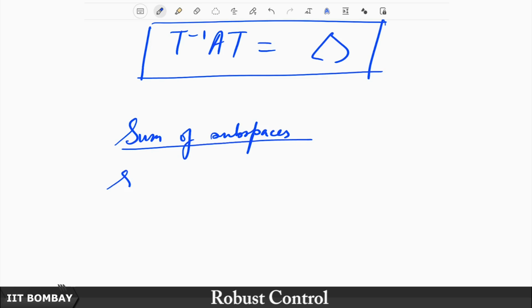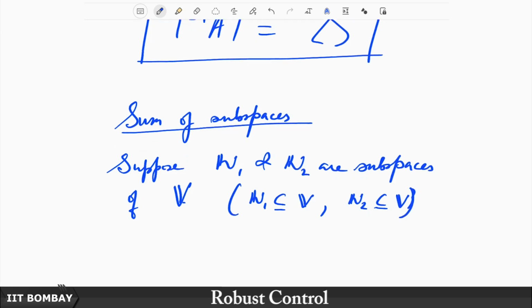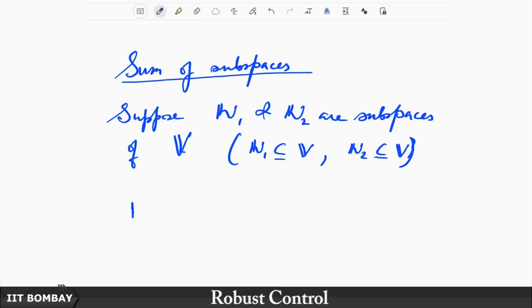So here goes. Suppose W1 and W2 are subspaces of V. So in other words, we are saying that W1 is a subspace of V, the vector space, and W2 is also a subspace of V, which is the original vector space, right? Then we define the sum of the two vector spaces W1 plus W2. It is defined in the following manner.